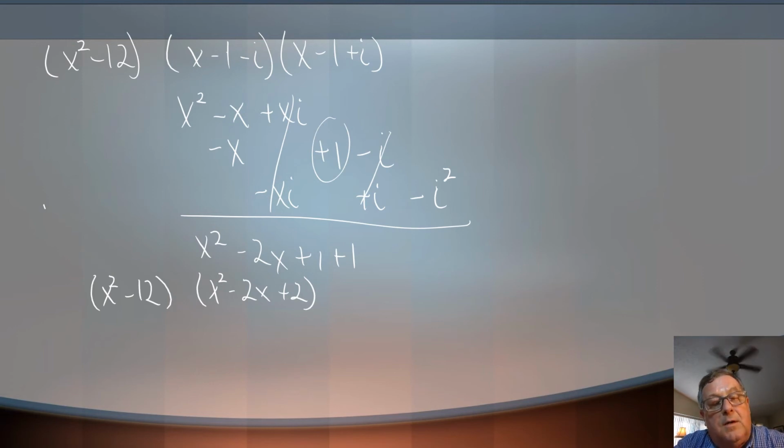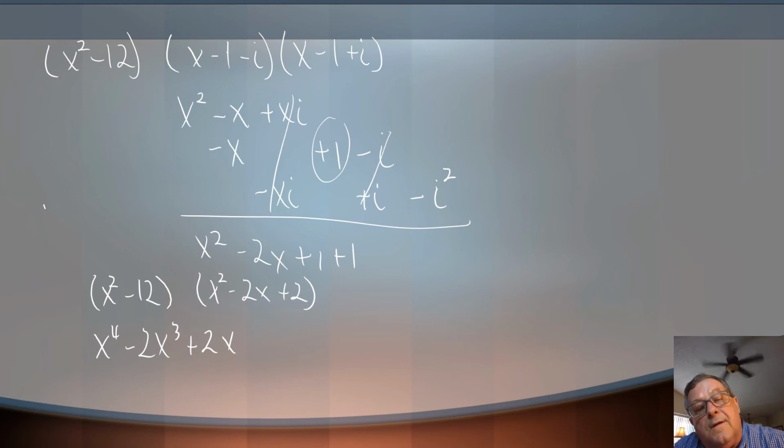Oh boy. x squared times x squared is x to the 4th. x squared times negative 2x is negative 2x cubed. x squared times 2, positive 2, is plus 2x squared.